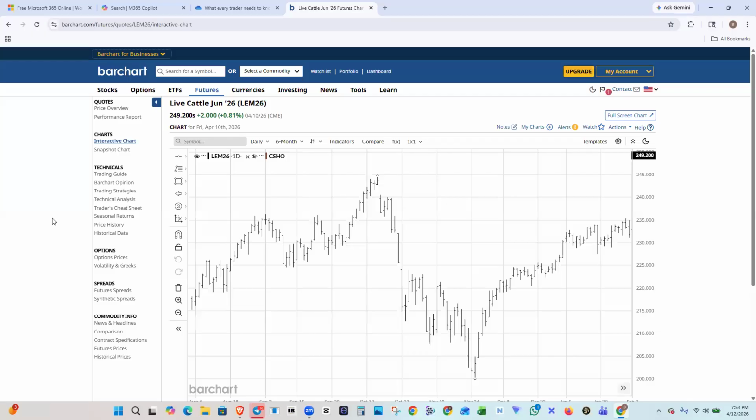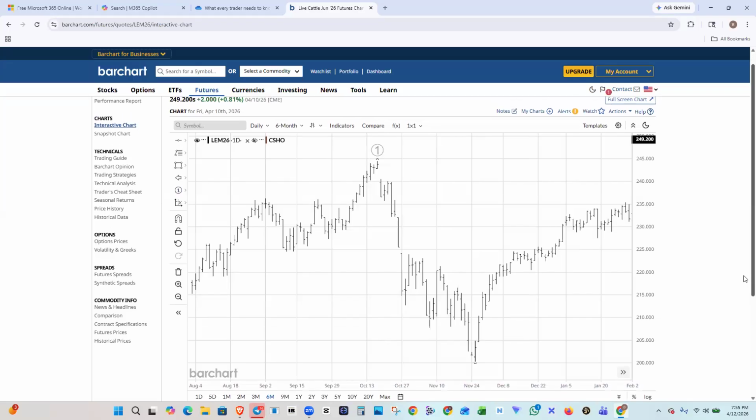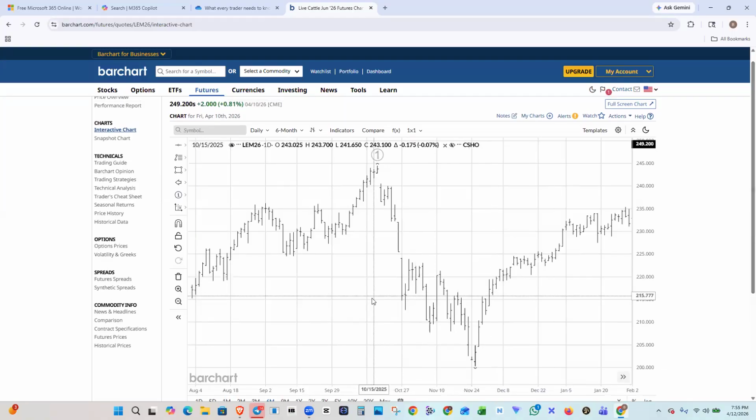Notice that on this chart, we're going to get to see both sides of it. So in the highest part of the market, can you scroll down just a little tiny bit? In October to November.